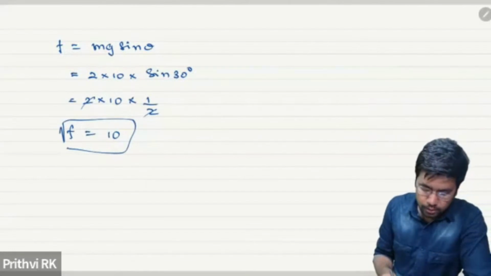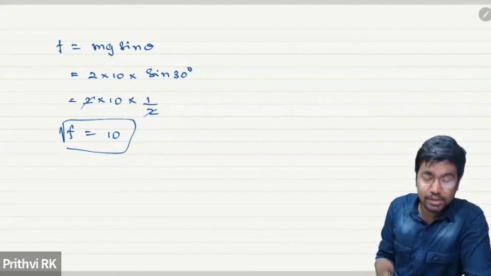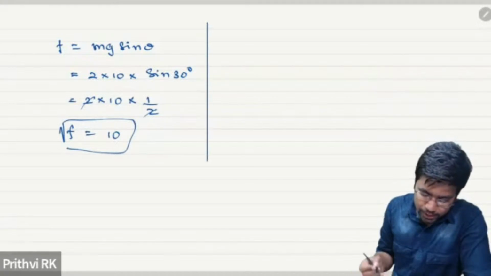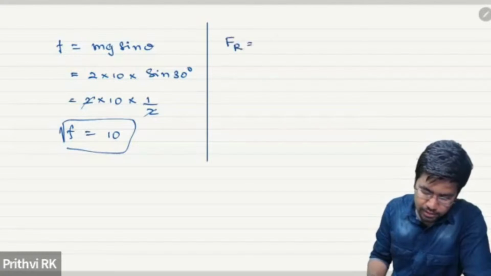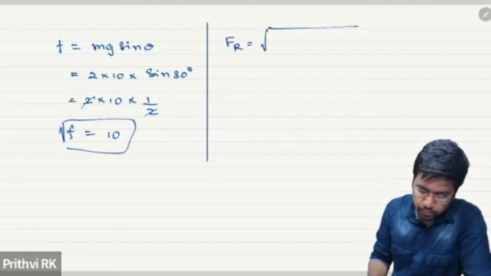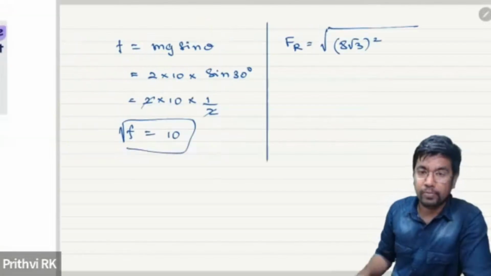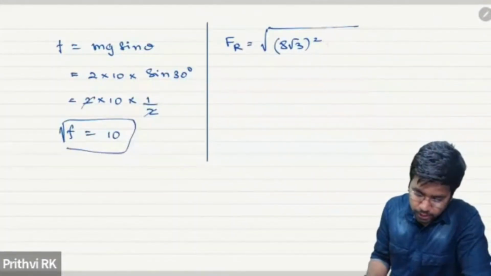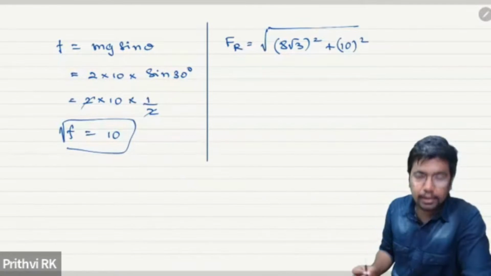Okay. So now what we have to do is we have to calculate the resultant, right? So see how I calculate the resultant here. The contact force, resultant force will be equal to, one of the value is 8 root 3 whole square, which we found here. The other value we have found here is 10 square.